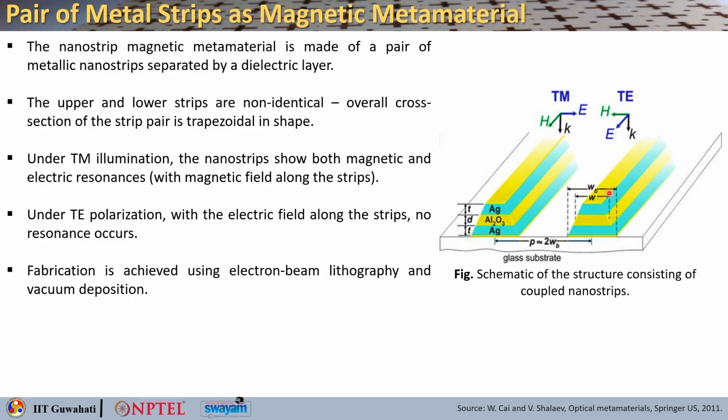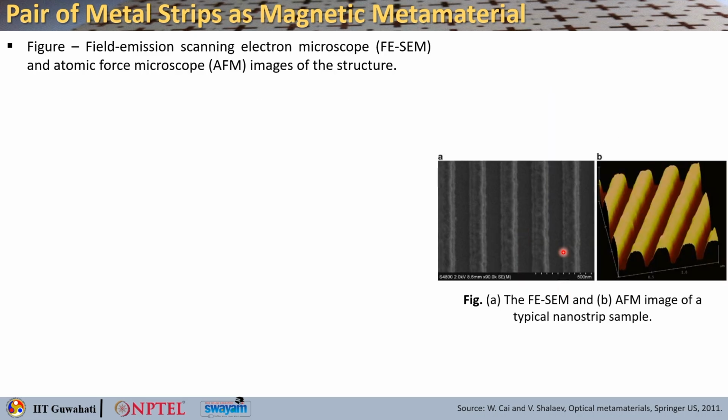And we have seen that the fabrication of this can be achieved by electron beam lithography and vacuum deposition. Here the figure shows the field emission scanning electron microscope, FESEM, image, and this is an atomic force microscopy image of the fabricated structure of these paired nanostrips.